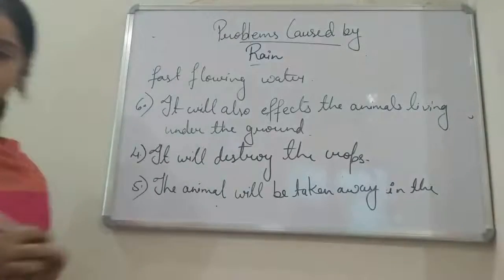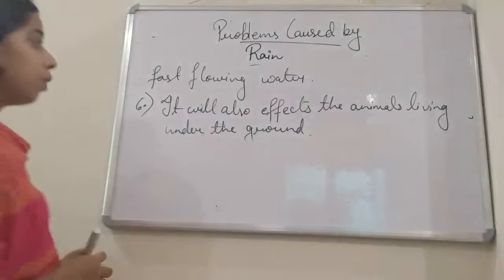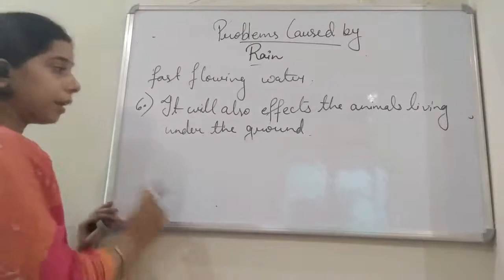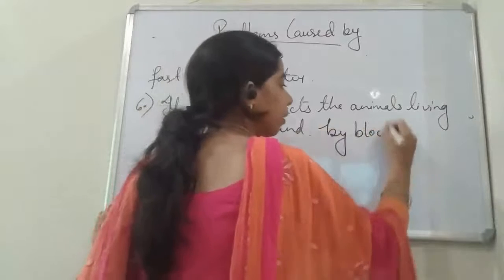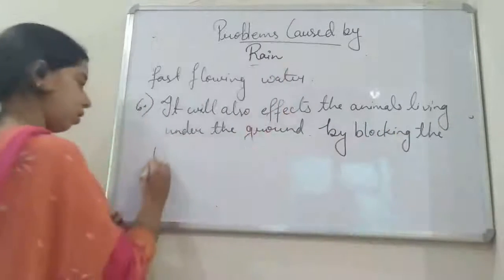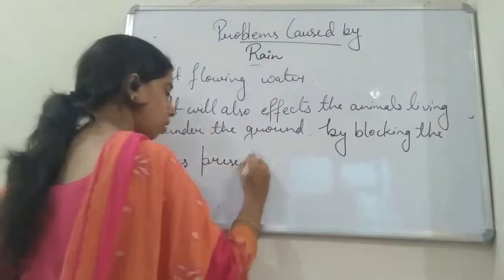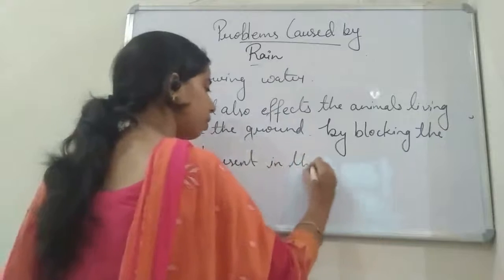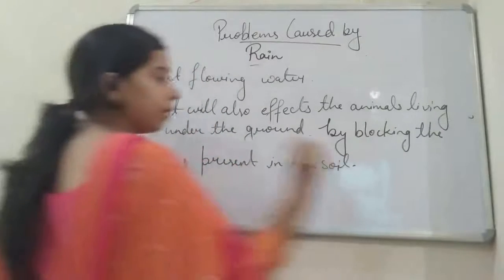It affects the animals living under the ground by blocking the pores present in the soil, due to which what happened?